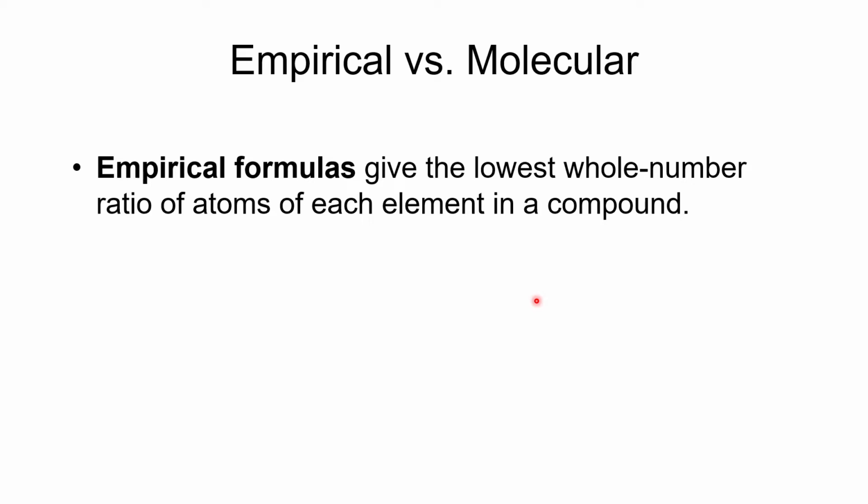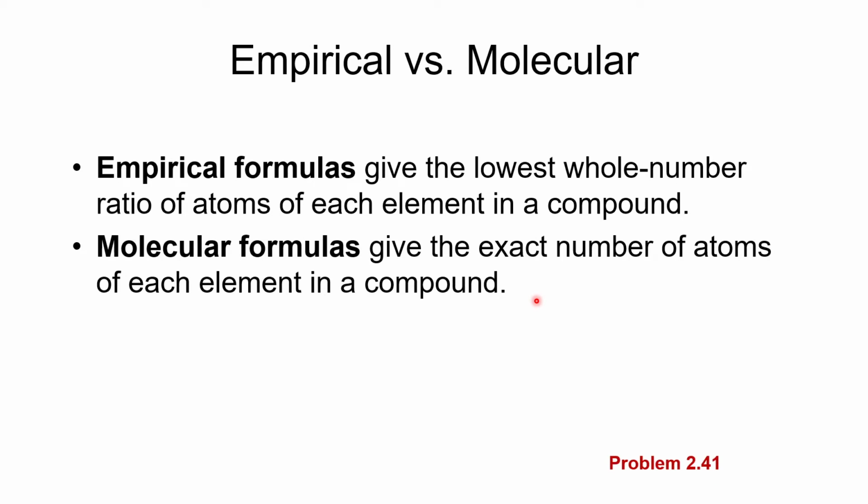For example, with hydrogen peroxide, H2O2, since they both have a subscript of 2, that's not the lowest whole number ratio. We would need to take that number and divide each of them by 2. And so our empirical formula for hydrogen peroxide would simply be HO. All right, so that's our empirical formula. Again, lowest whole number ratio.